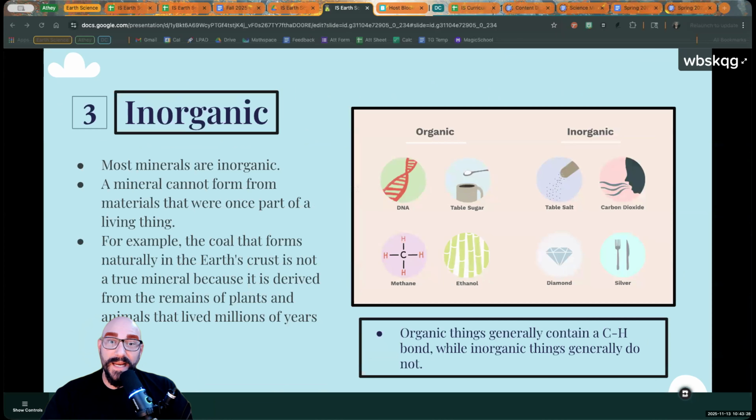They're always inorganic. They are not connected to life. It means there's no carbon, theoretically. But there is actually one mineral that is carboniferous.